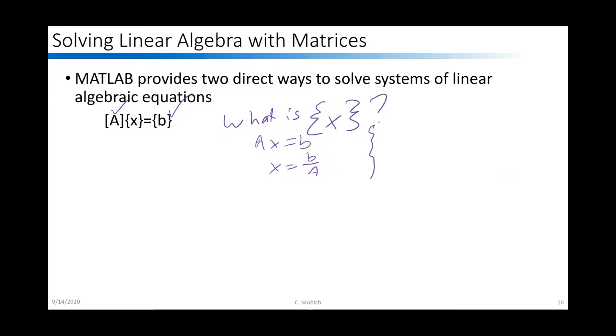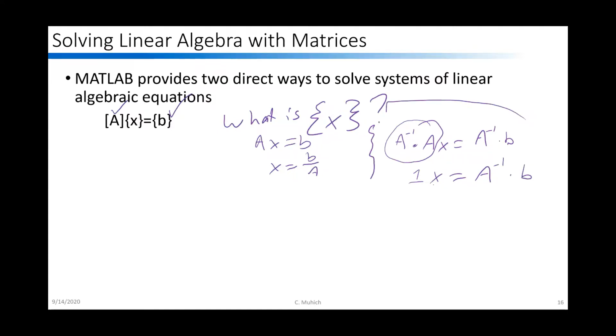The other way that I can do the equivalent thing is take inverse A times Ax equals inverse A times b, right? If this was traditional math, these two pieces are going to come together to form 1x equals inverse A times b.